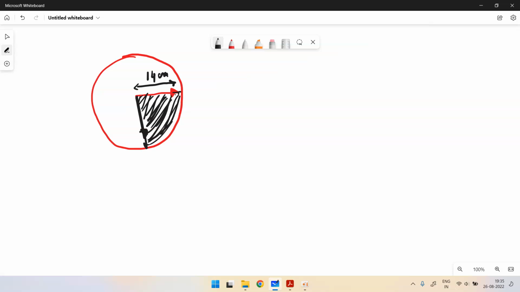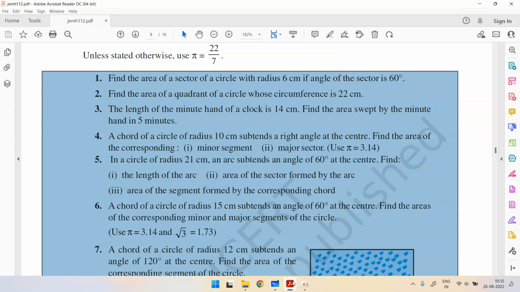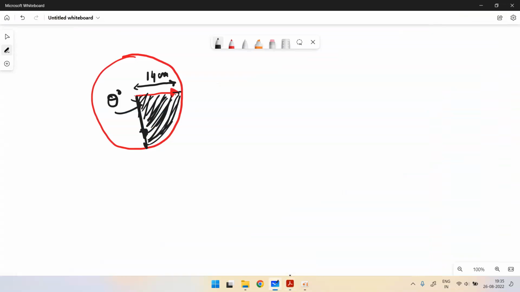You will only be able to find this area when you know this angle, how much angle it has swept from here to here. In the question it is given that it moves in 5 minutes. You know that a minute hand completes one complete rotation in 60 minutes.